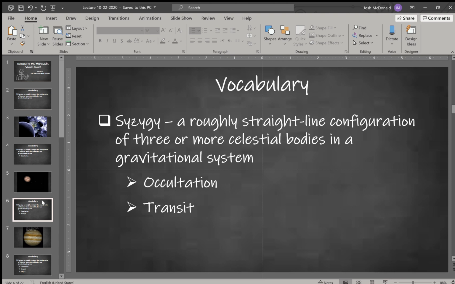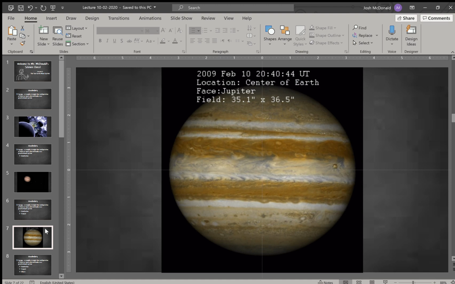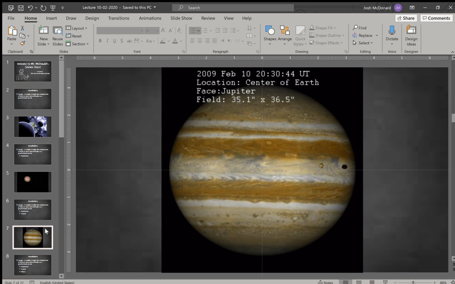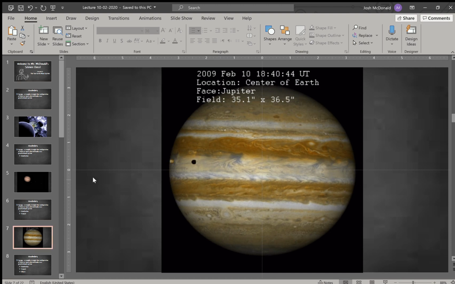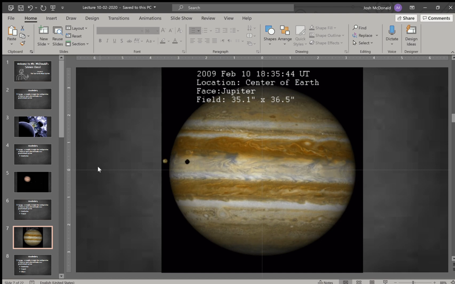The second type of syzygy is transit. Transit occurs when a smaller object passes in front of a larger object. Here we have the transit of Io coming across the planet Jupiter. You see that moon coming right across, and you see the shadow passing there.